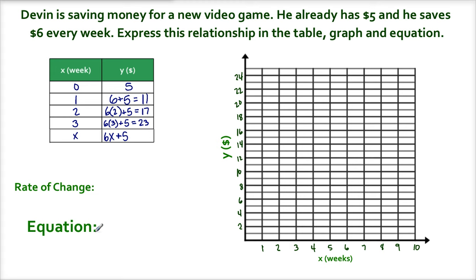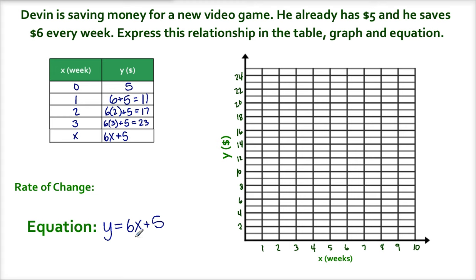Now let's hurry and write our equation first. The amount of money that he has saved, y, is equal to $6 times how many weeks have passed, plus the $5 he started with.